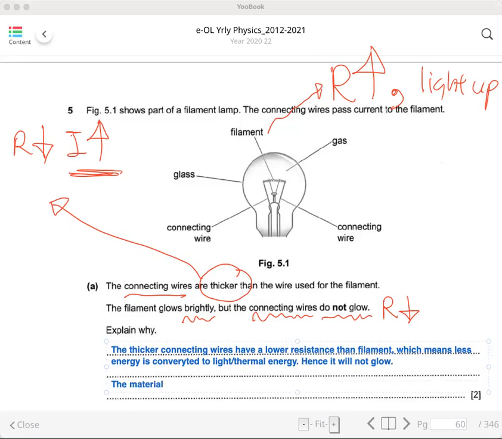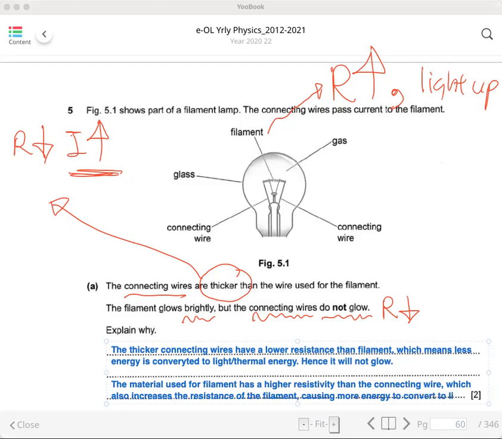Then the material used for the filament has a higher resistivity than the connecting wire, which also increases the resistance of the filament, causing more energy to convert to light, making it glow.